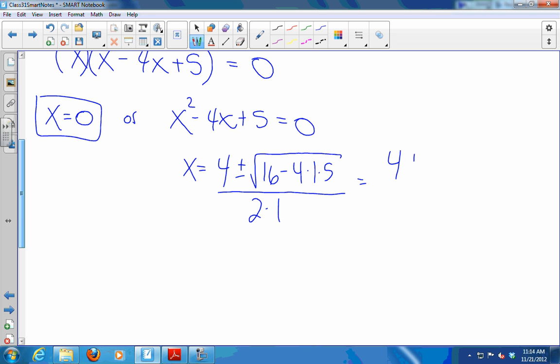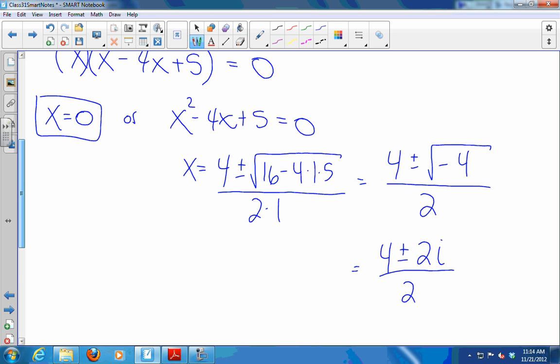So that's 4 plus or minus the square root of 16 minus 20, which is -4, all over 2. Now what is the square root of -4? 2i. Great. So this is 4 plus or minus 2i over 2. You can divide the 2 into both terms of this numerator. So this would simplify to 2 plus or minus i.